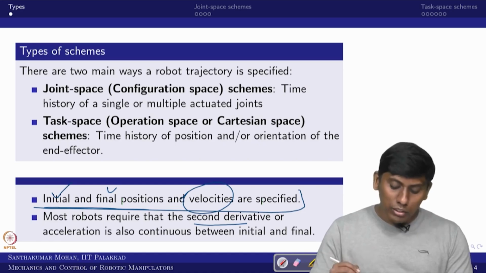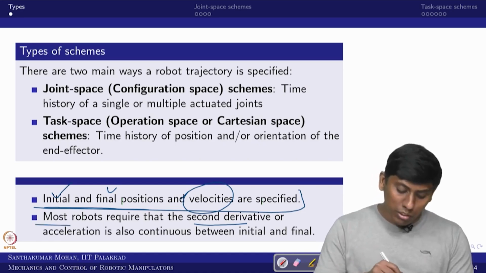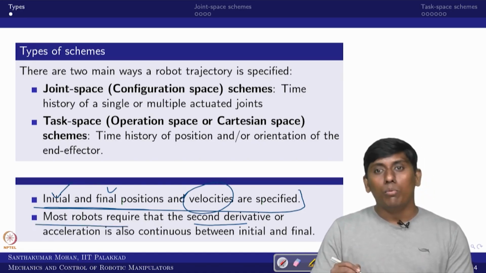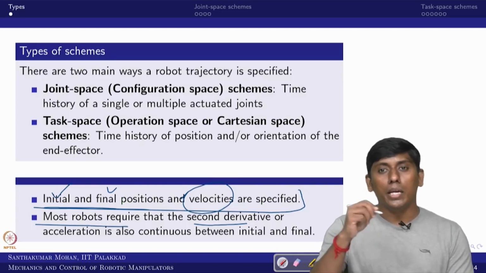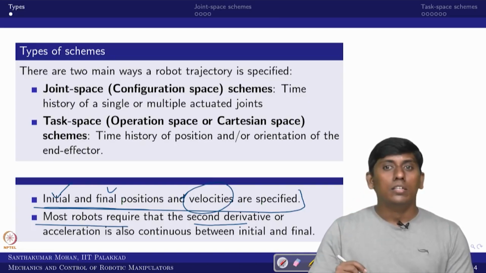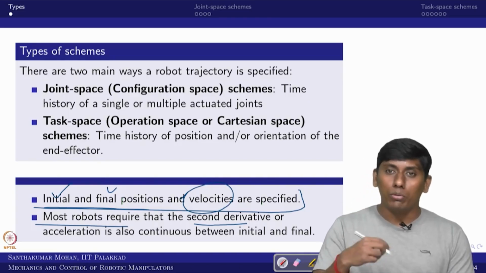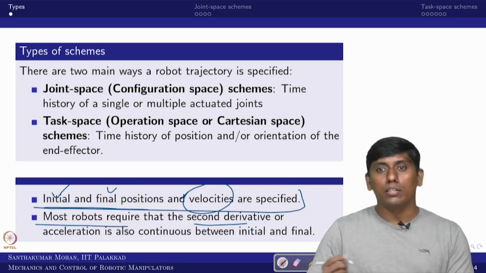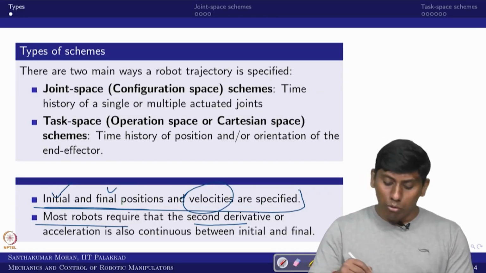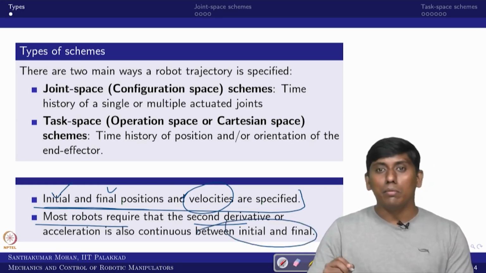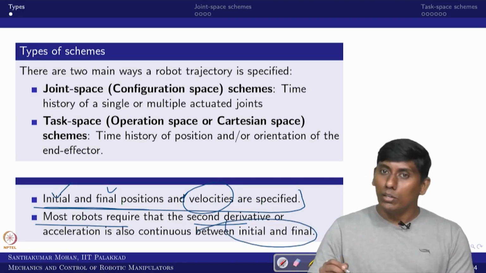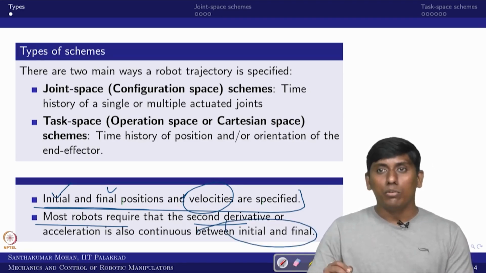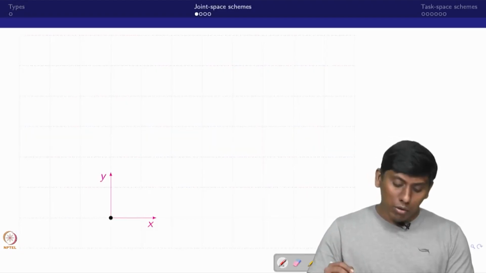We already know this. Sometimes, or for most manipulators, the second derivative is required in order to make the force finite, or the force profile, the torque profile, or the voltage which is supposed to be given to the motor. Then people always go for the second derivative, meaning the acceleration is continuous.